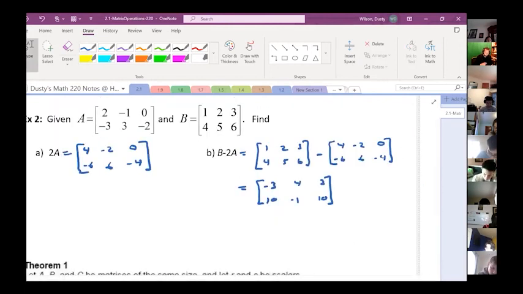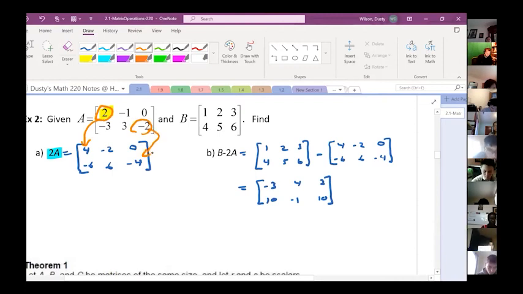So for example, if I wanted to find 2A given A, I'm going to find 2 times A, and so 2 times 2 would be 4, or 2 times -2 would be -4. In part B, if I want to find B minus 2A, I could take my B matrix here, subtract out 2 times my A matrix, and just find the difference in the entries.